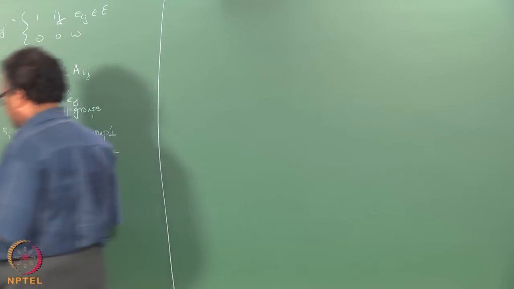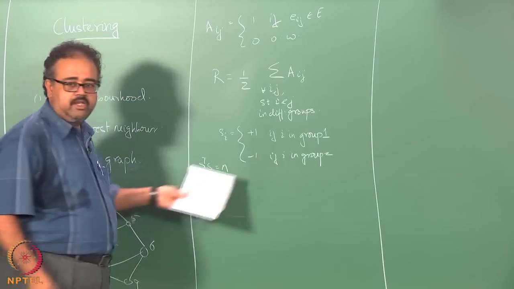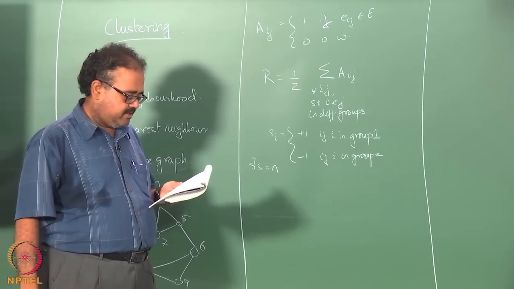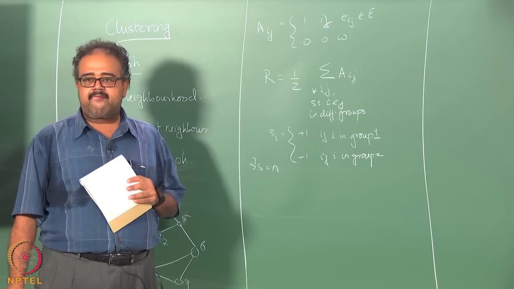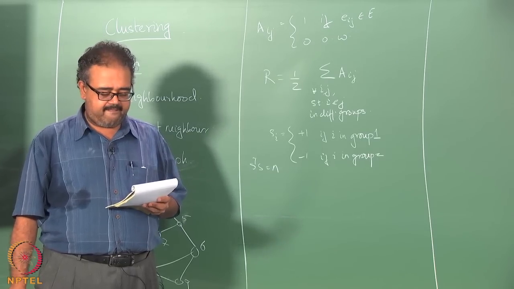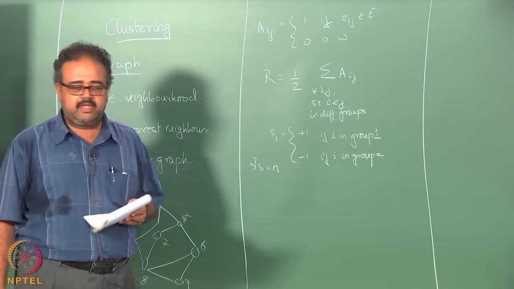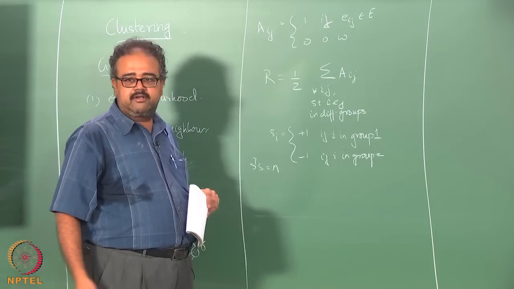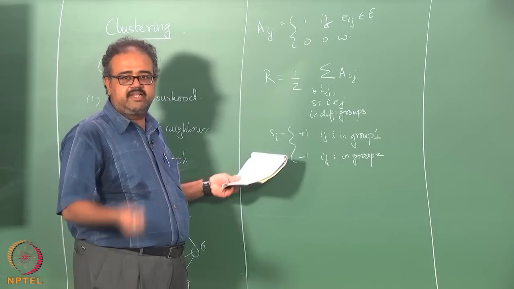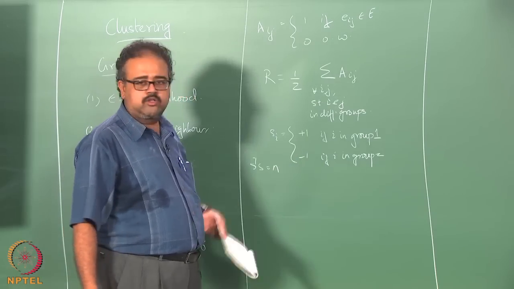Okay. So one thing, just remember that S transpose S will be n, where n is the number of nodes, okay, n is the number of data points, right. So Si is the ith entry in that vector S, which indicates whether the ith data point belongs to group 1 or group 2. Okay.